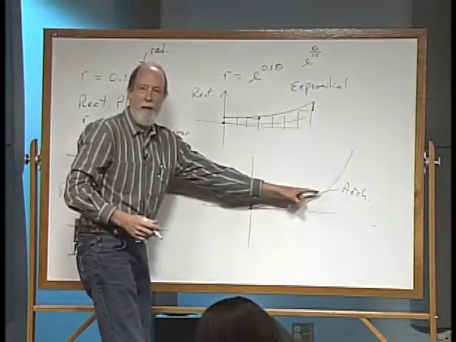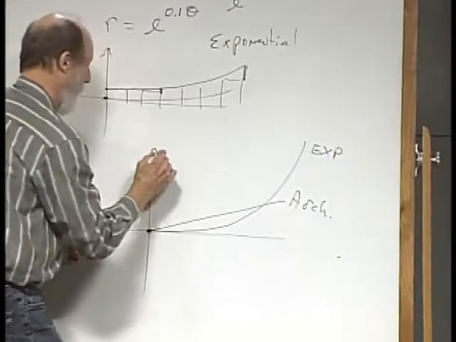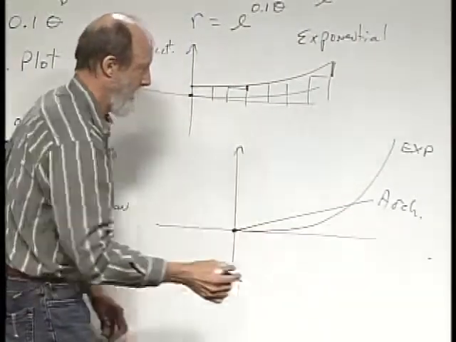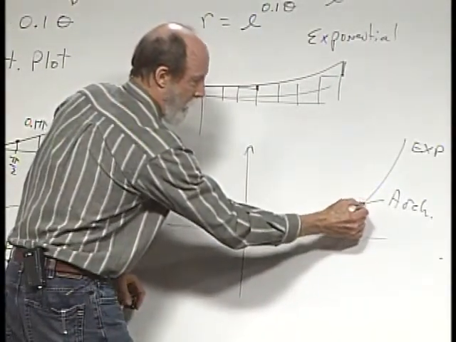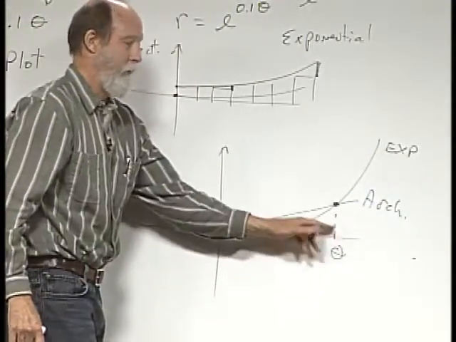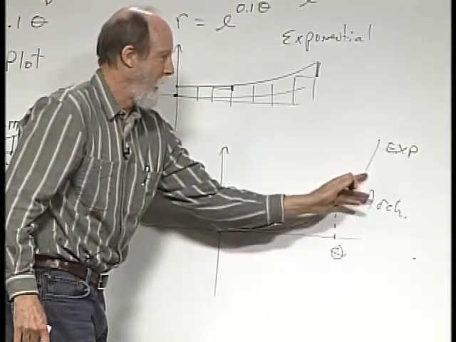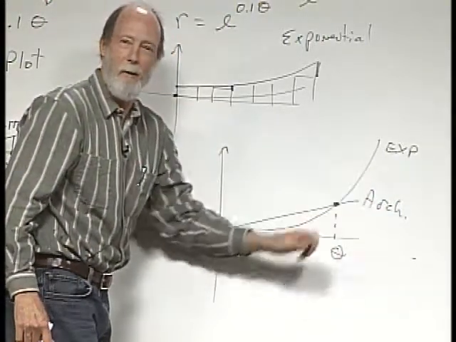Do you see what I'm getting at, folks? Here's the exponential spiral as a rectangular plot, and here's your Archimedean spiral. Eventually there's going to be some angle out here at which they will have the same radius. And then beyond that, the exponential spiral will be out at a further radius.